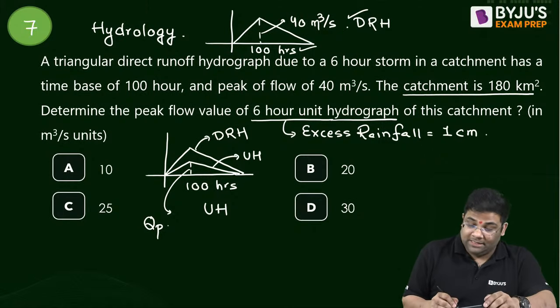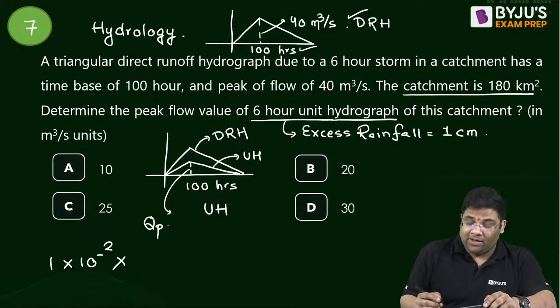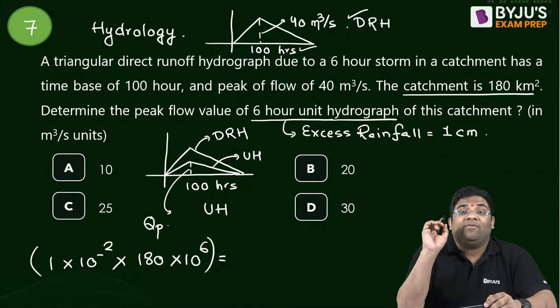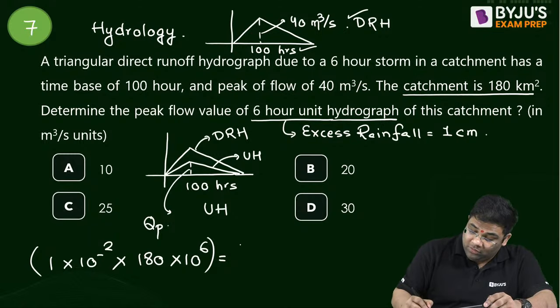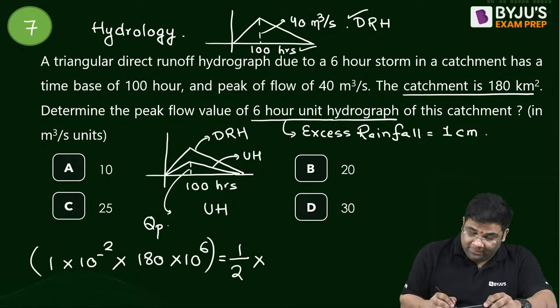The excess rainfall 1 centimeter, converted to meter, into the area of catchment, which is 180 kilometer square converted to meter square, is equal to the area of the unit hydrograph, because we have taken excess rainfall as 1 centimeter.